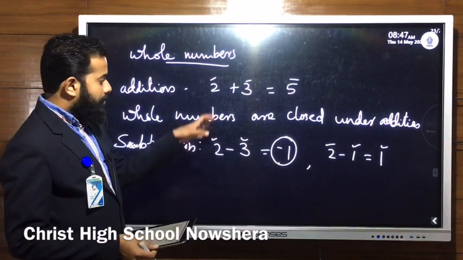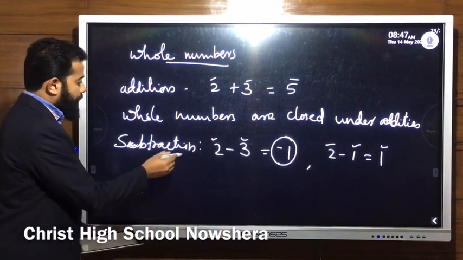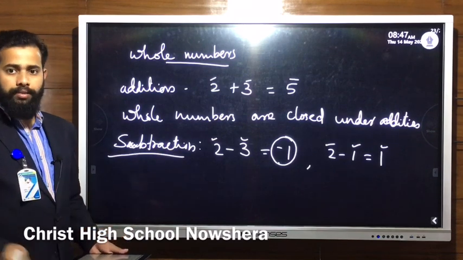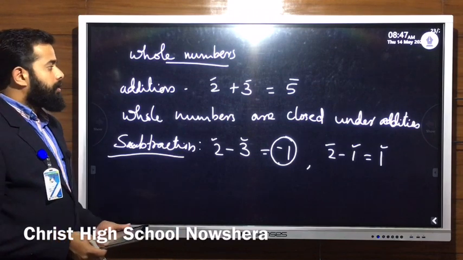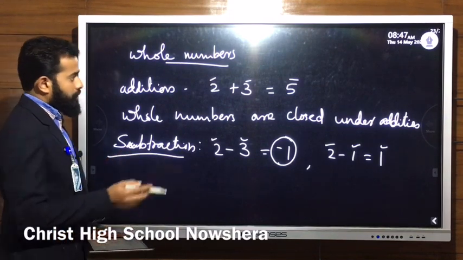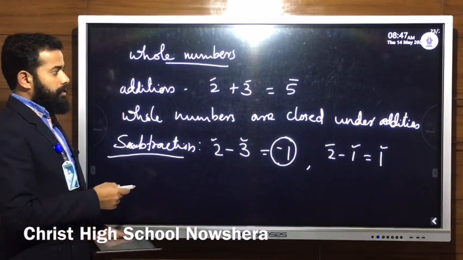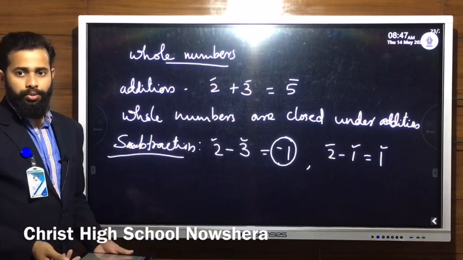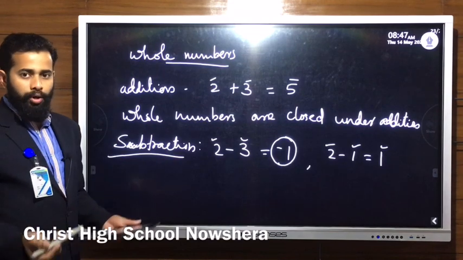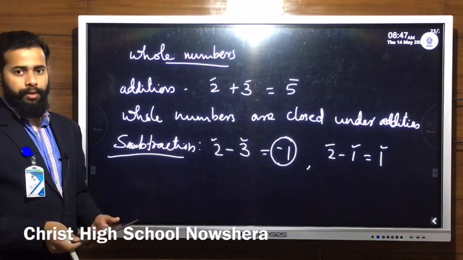So there are some exceptional cases in subtraction because in all cases we are not getting a whole number as the result. So what we will say is that whole numbers are not closed under subtraction, or whole numbers are not following the closure property.